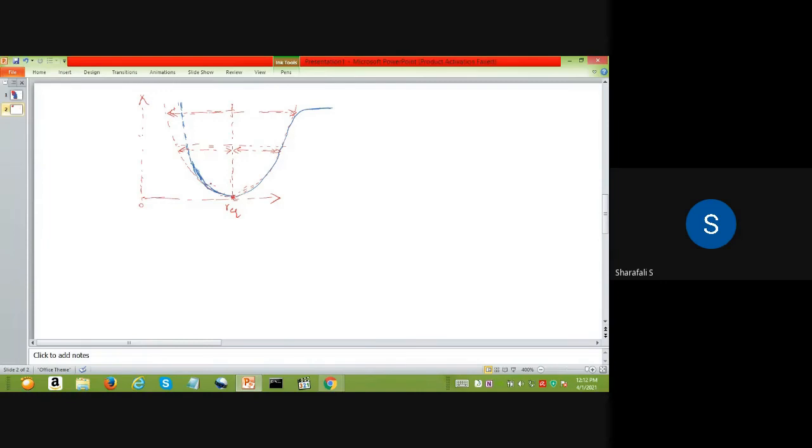So if you consider this point, for example, for both the harmonic case as well as the anharmonic case, we have the same kind of distance from the equilibrium point. And here also we can see that both of these oscillations, harmonic and anharmonic, have the same distance from the equilibrium.